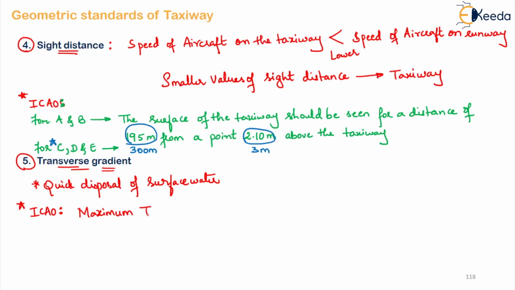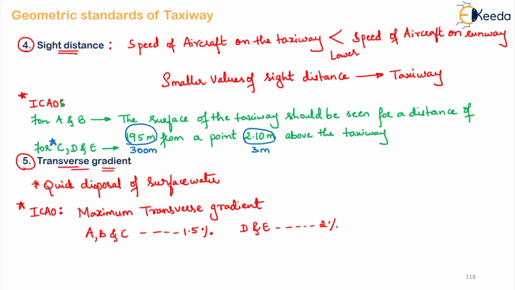The maximum in airport type A, B and C is around 1.5%, and in airport D and E the maximum transverse gradient we can give is about 2%.